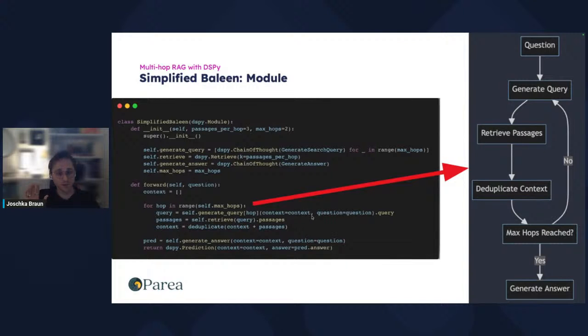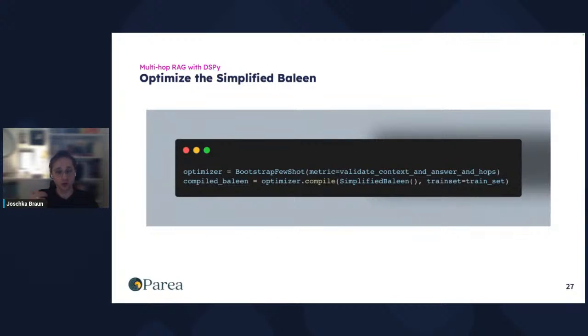And that's just a simplified Baleen on a high level. Now we're actually in a position to optimize our entire pipeline. We do that in this example by selecting the Bootstrap few-shot optimizer, which will use an evaluation metric that measures the accuracy of the answers, but also whether the right passages got retrieved at every step.